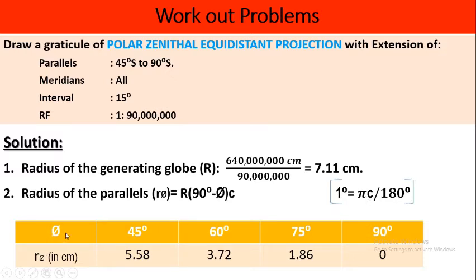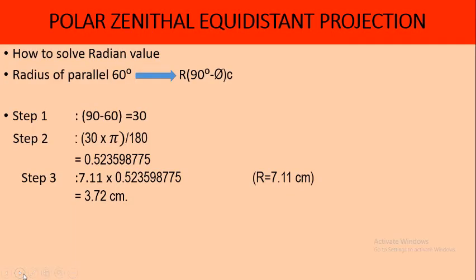So from this table we can generate 5.58 centimeters for 45 degrees, 3.70 for 60 degrees, 1.86 for 75 degrees, and 0 for 90 degrees.